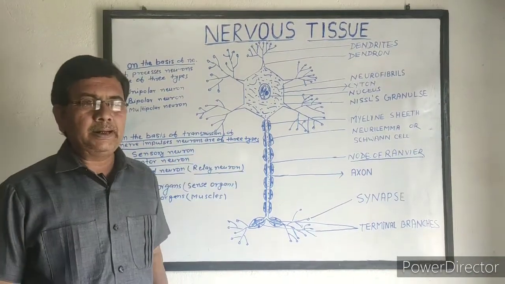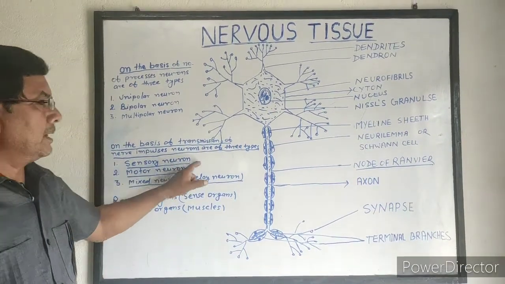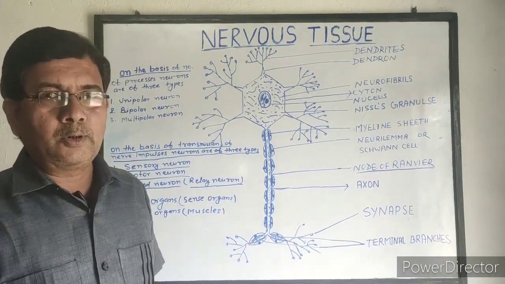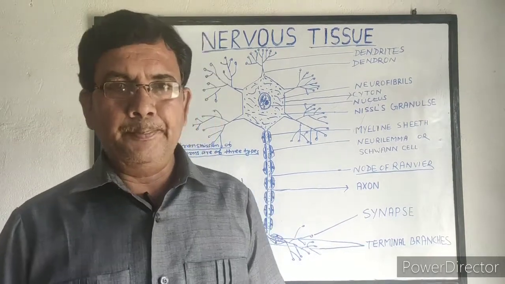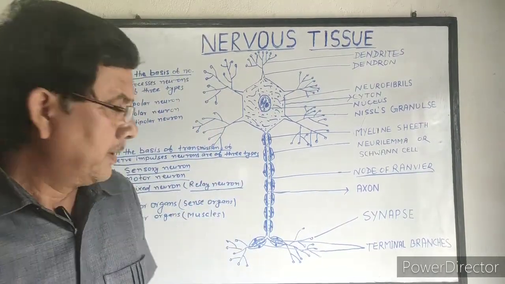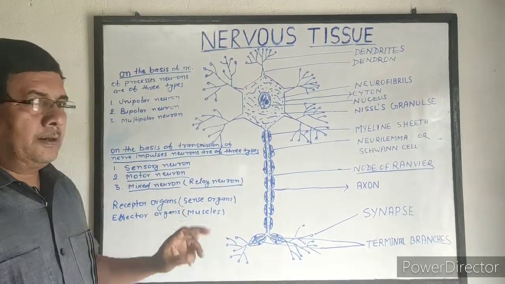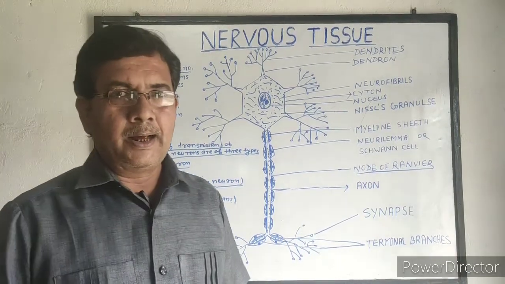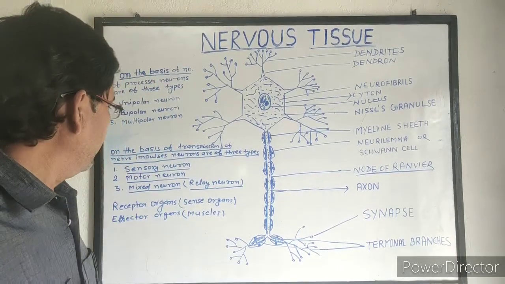Neurons are of three types. First is the sensory neuron: those neurons which receive impulses from receptor organs, that means sense organs, are called sensory neurons.